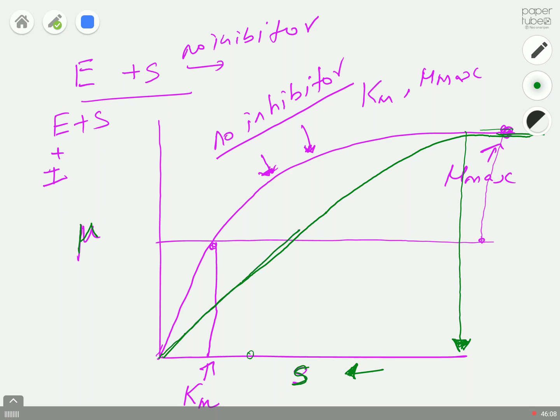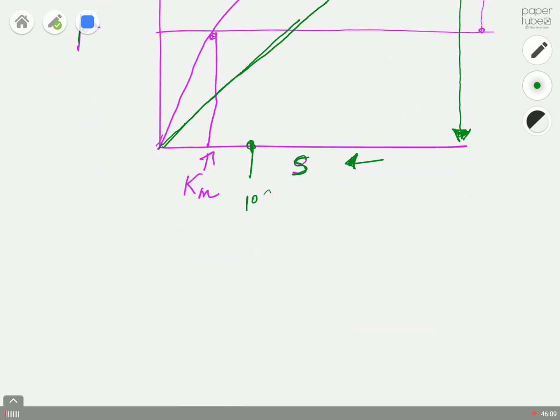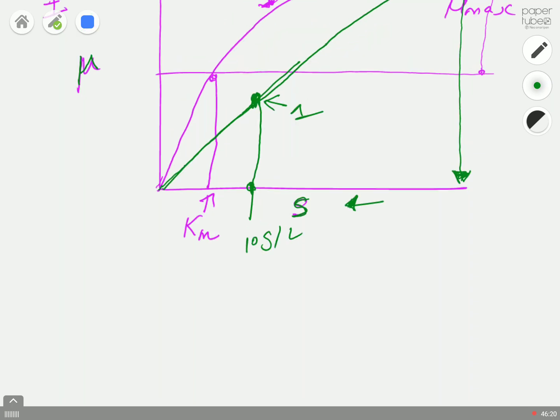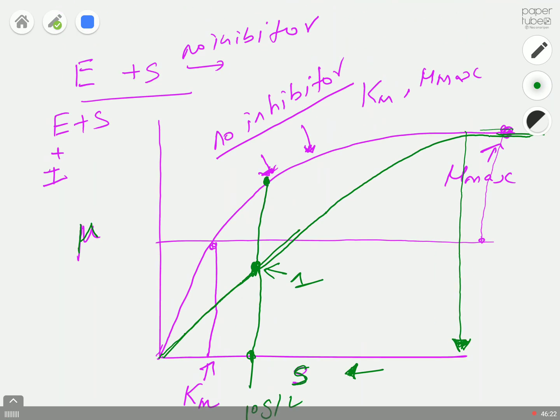Say this is your substrate concentration, say 10 grams per liter, and say this initial velocity is some number, let's put 1, and then in the absence of inhibitor your initial velocity at that substrate concentration, say it will be 2, something like that.